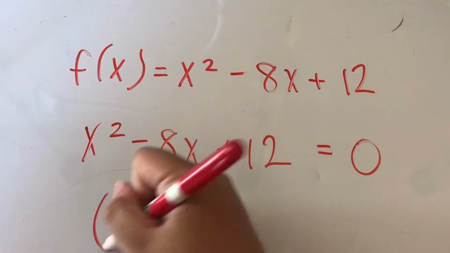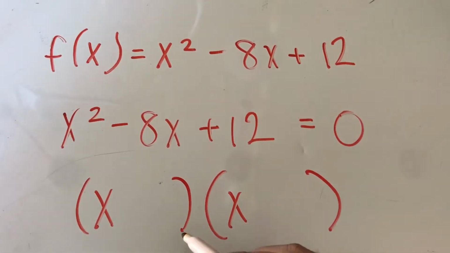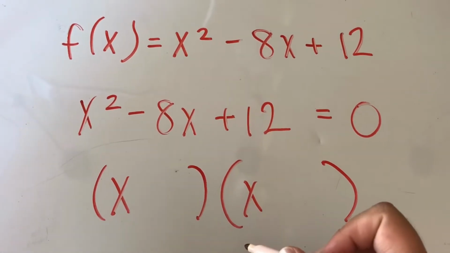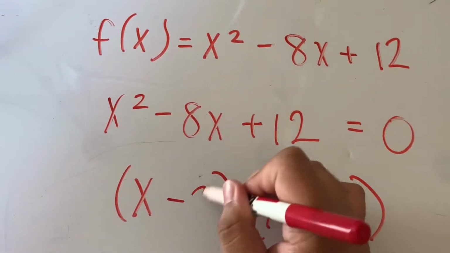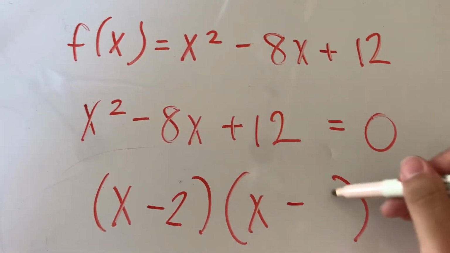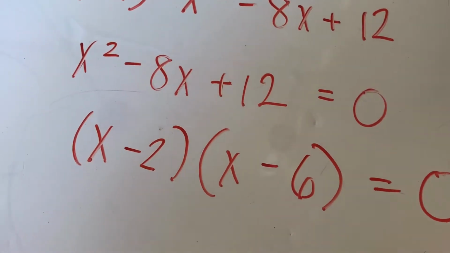So we are going to do x in parentheses. And the factors that come out from these two are -2 and -6. And this still equals 0.